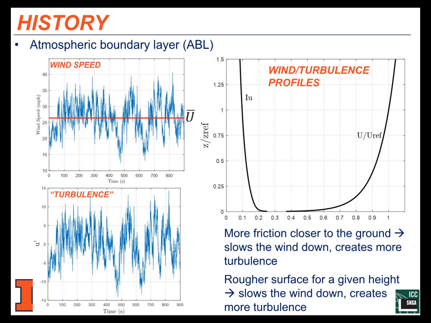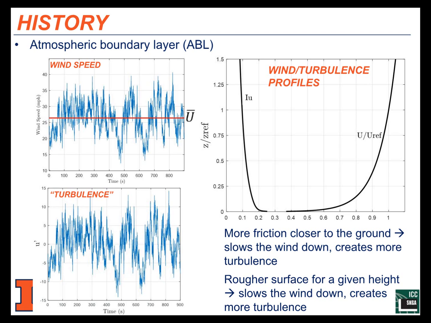From that, we're able to calculate a mean wind speed, shown by the red line here, U bar. If we subtract this mean wind speed out, what we're left with is all the fluctuations, which look exactly the same as the wind speed trace above, except now we have a zero mean process.